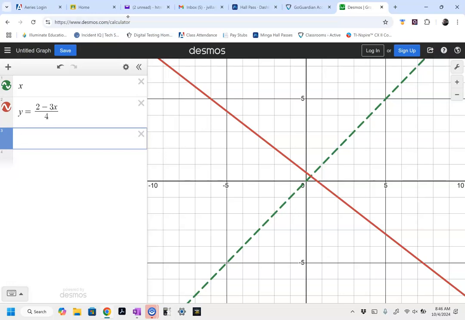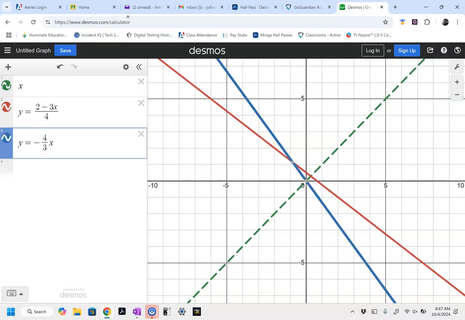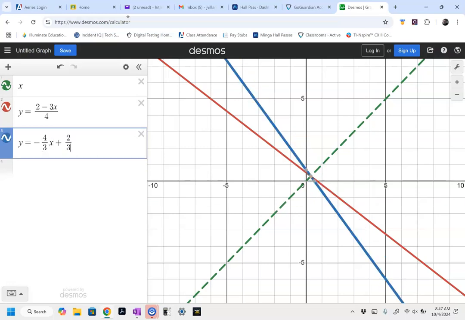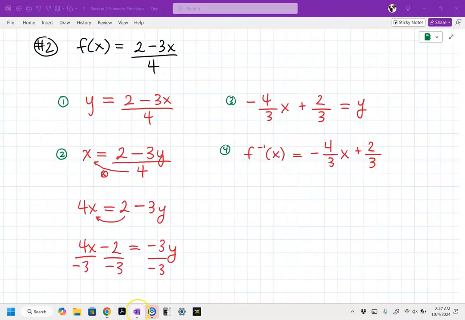So the other one was negative 4/3 x plus 2/3. Does that look like a mirror reflection of it? Yeah, right? My graphs look like they're reflecting off that line and bouncing out the same way. So that looks good. My question is done, so we'll move on.